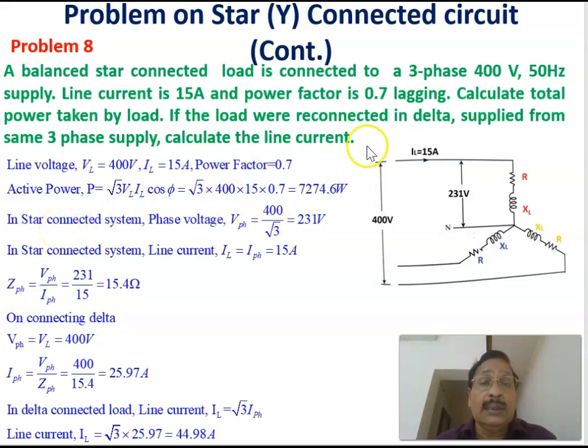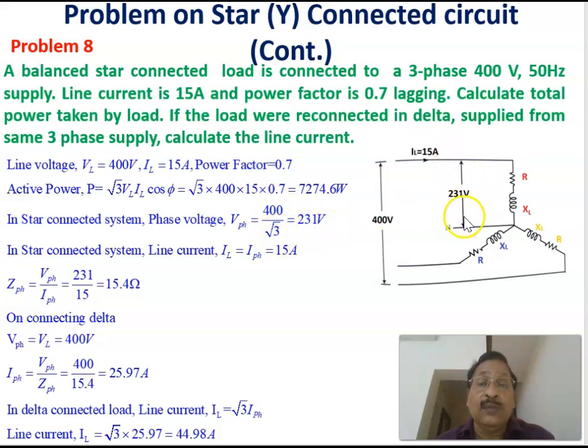Now, next you have to calculate the total power taken by the load. In a star connected system, phase voltage is equal to line voltage divided by root 3, which is 400 divided by root 3, equal to 231 volts.